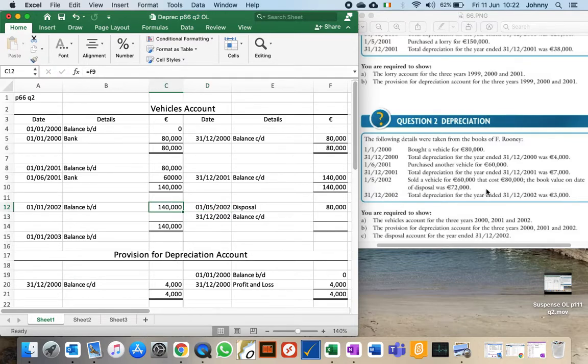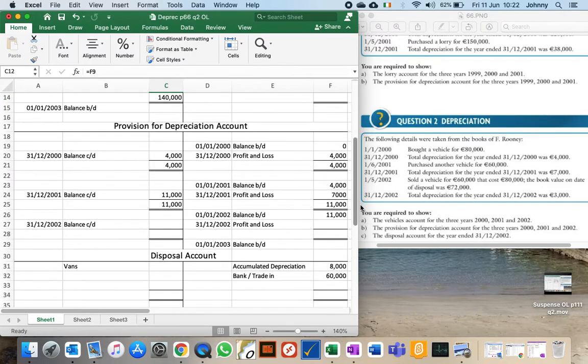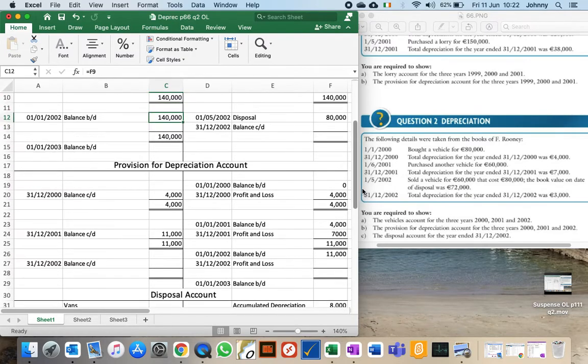And now the book value on the date of disposal is 72. So that means it was worth 72, even though we bought it for 80. That means 8 grand depreciation had been written off on this vehicle over the years that I owned it. So if I go to my provision for depreciation account, in my provision account, I'll have to take out of the 11, I'll have to take out 8 grand for the depreciation on the thing that I got rid of.